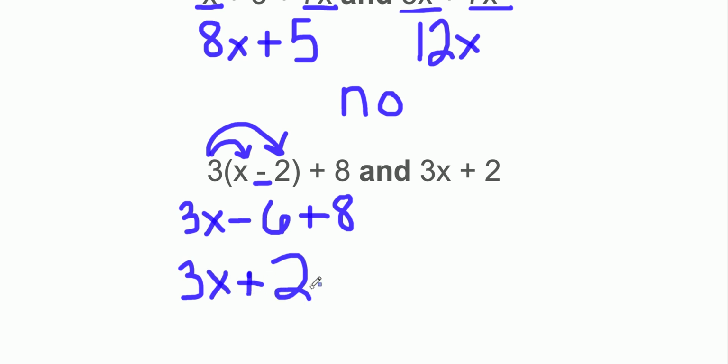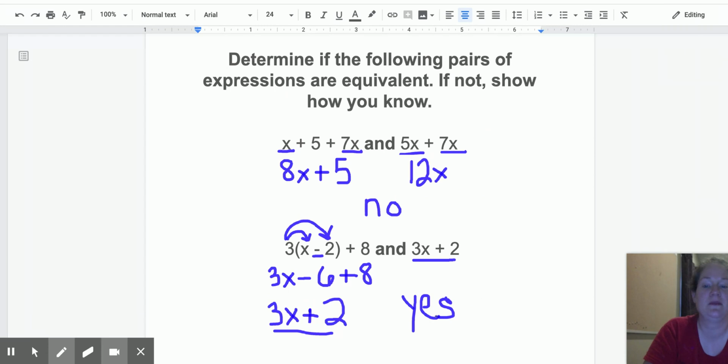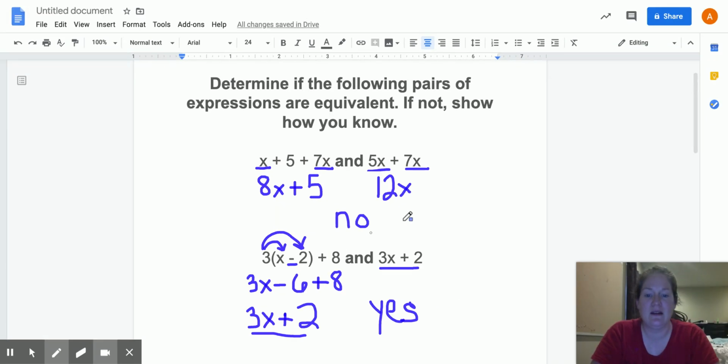So 3x plus 2. So 3x plus 2 and 3x plus 2, yes, these two expressions are equivalent. All right? Now the next problems that you're going to have, I just need to switch over to my mouse here.